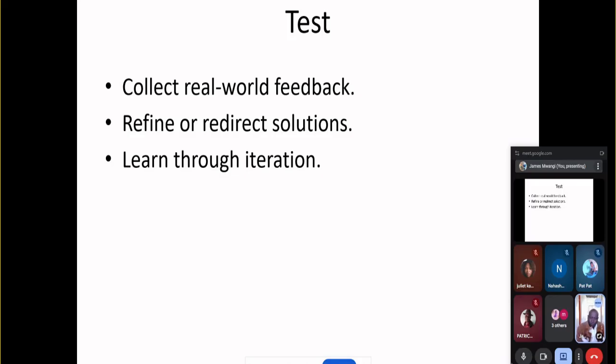Then you collect feedback. It's very important to collect feedback from your users, even like our process here, because we offer training. It's good to have feedback. When you collect feedback, you improve on whatever you are following, maybe the training process, and you must be flexible for change.